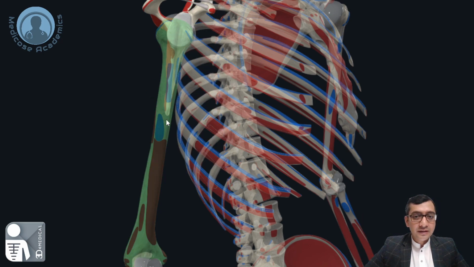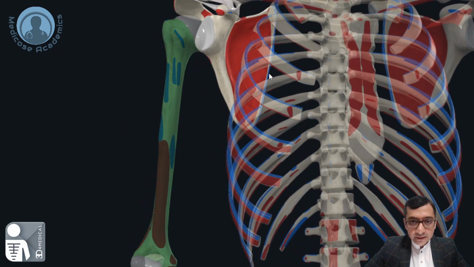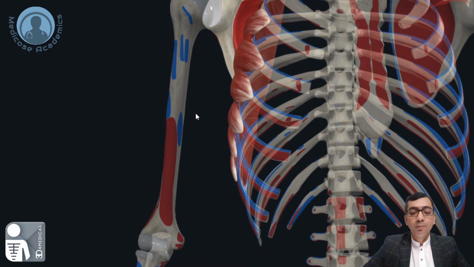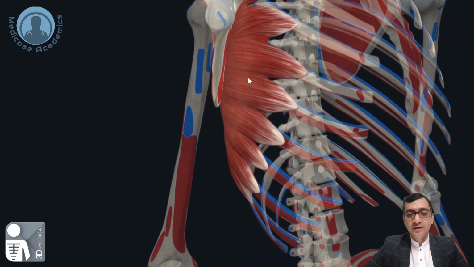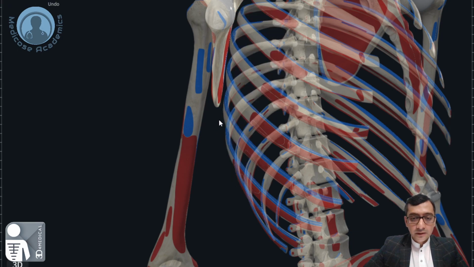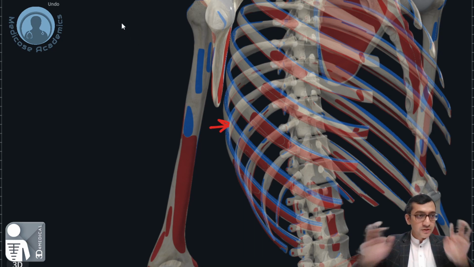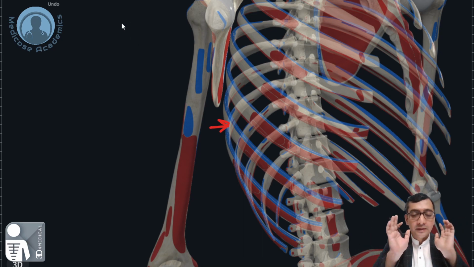So it is the one that is helping to move the scapula. As we discuss the muscles, we will discuss its function. But one thing that I want you to pick up here is that this is one of the major muscles keeping the scapula pulled towards the ribs, and it keeps it in that position.